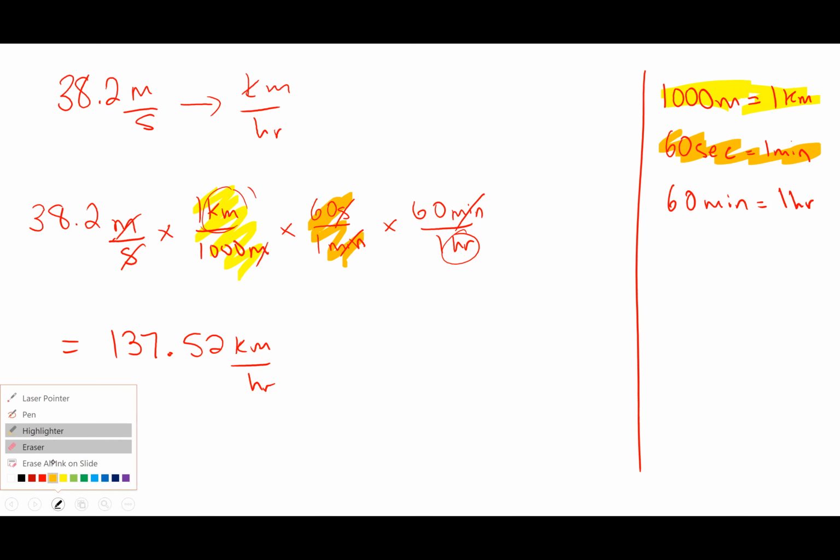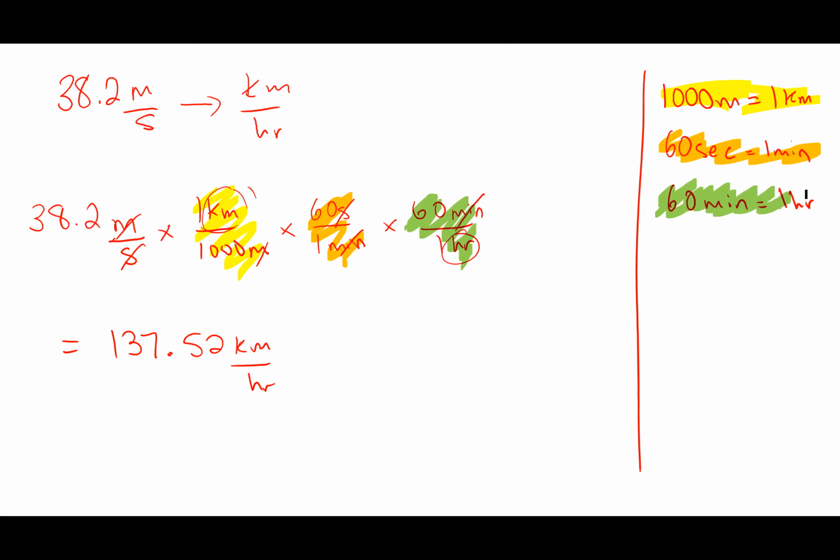My third and final conversion factor, I'm running out of easy colors here. Sorry, that's a bit dark, but that's my conversion to hours. So there you go. Personally, I think that looks a little bit easier than what's in your booklet.